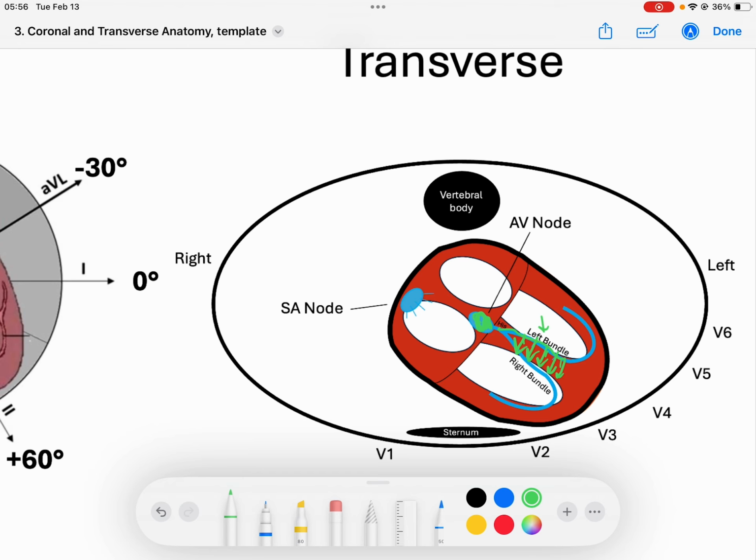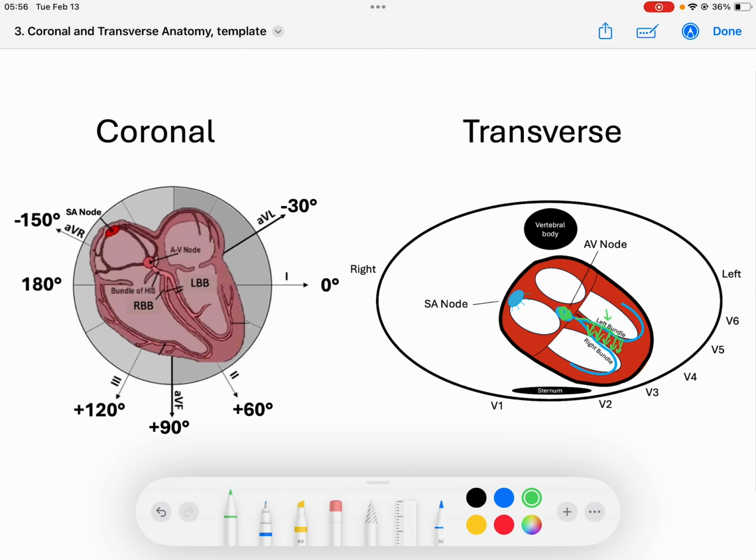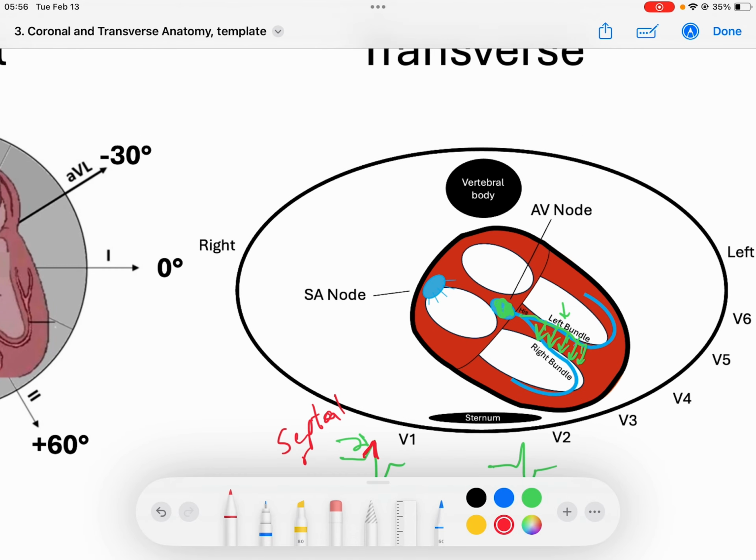And that's the first part of the ventricular myocardium to depolarize, and you get these little R waves, right? You get these little R waves in V1, and sometimes a little bit in V2. But really, these R waves, and I'll kind of overlay them in red, that's my septal R wave. And so that tells me that the ventricular septum is depolarizing from left to right towards V1.